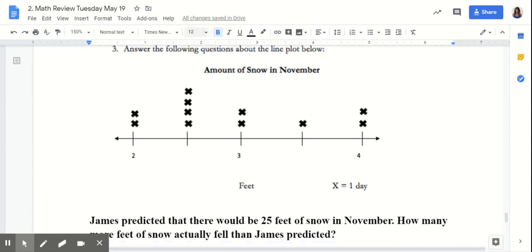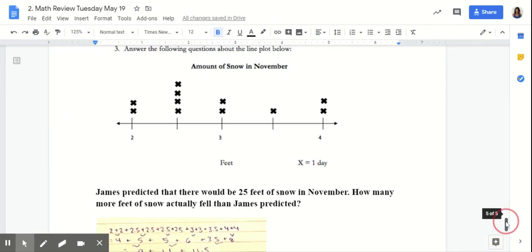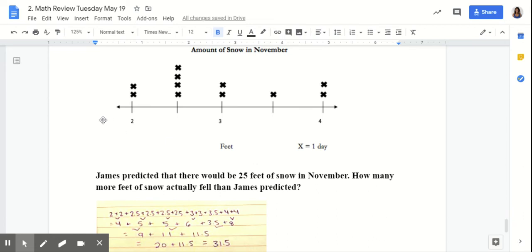Now, getting into that part, I know that I have to add every single piece. So on 2 feet of snow, 2 days fell for 2 feet of snow. So I put 2 plus 2 in my original number sentence.